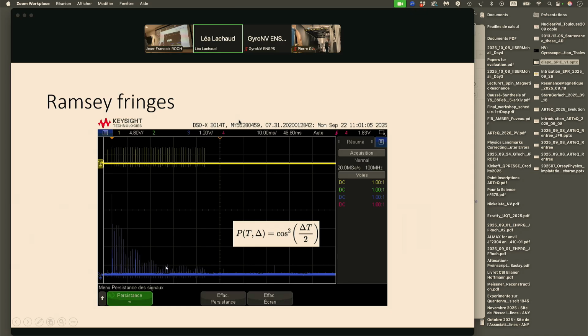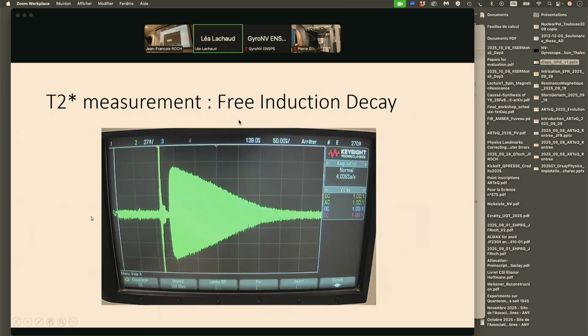Is the one which we see here. Yes, exactly. This is a T2 star that takes into account the inhomogeneous magnetic field, and then we will increase to T2 during the spin echo. Okay, definitely. So the one with the star is the one with the inhomogeneity. I must remember it. Sorry.